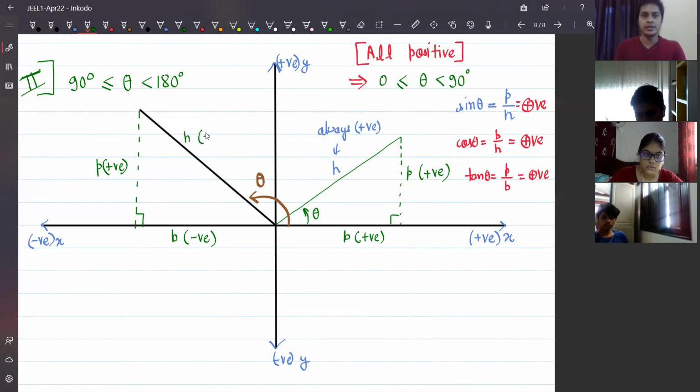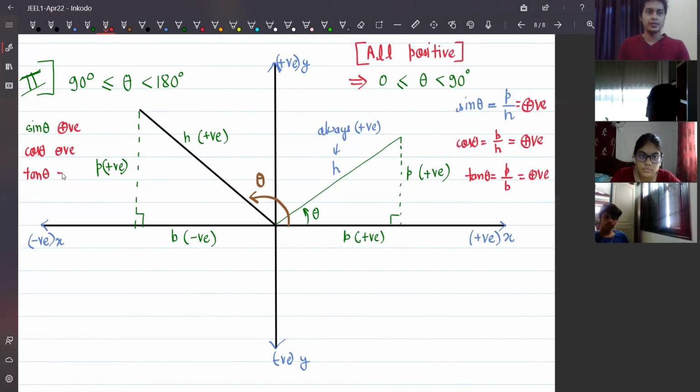Here, perpendicular is positive, base is negative. Hypotenuse is always positive, as I said. So Kushagra, tell me the value of sine theta. Will it be positive or negative? Positive. Tell me the value of cos theta, positive or negative? Negative. What about tan theta?